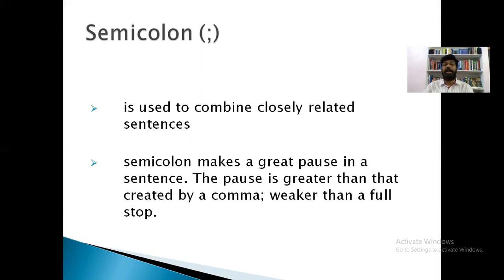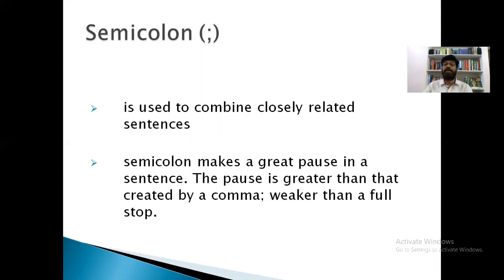What is the difference between comma and semicolon? The pause of semicolon is greater than that created by a comma. So comma is used for giving some break or a pause.